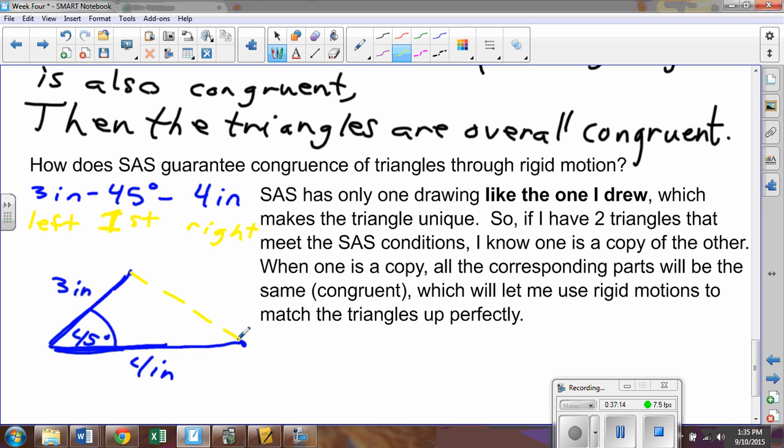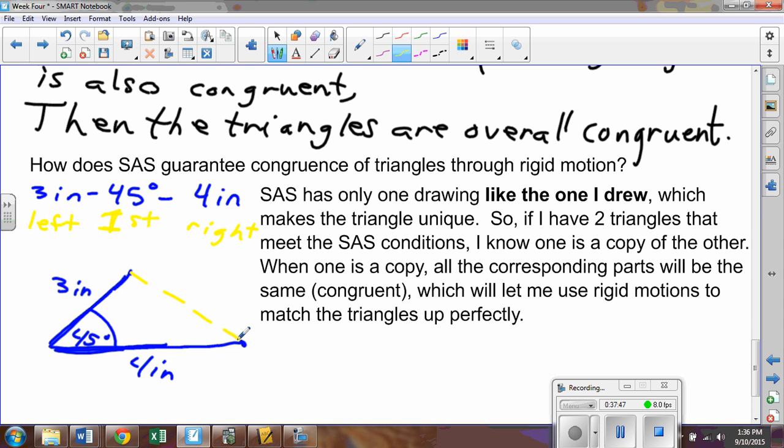And thus we've finished off what we need to accomplish today. We have looked at each of the theorems for side, side, side, side, angle, side, and angle, side, angle. You should be able to state what the theorem is. In future work, we're going to use the theorems and actually show triangles are congruent. But our focus today, explain why they work. The answer is the same for all of them.